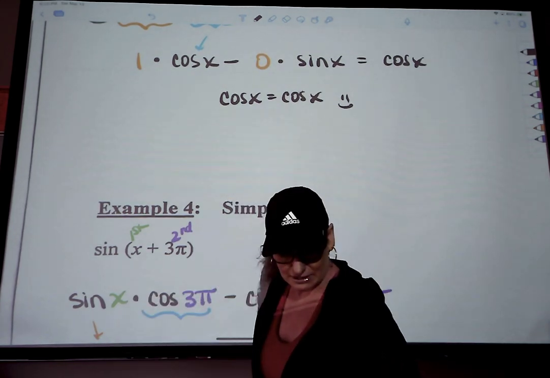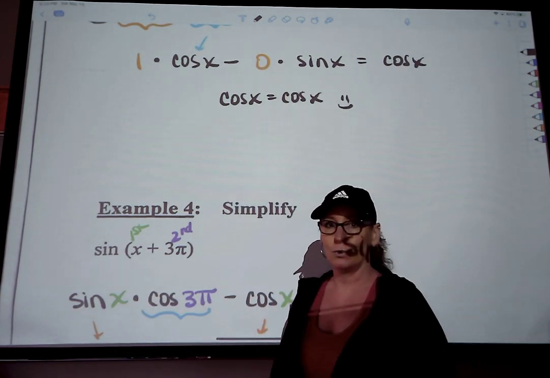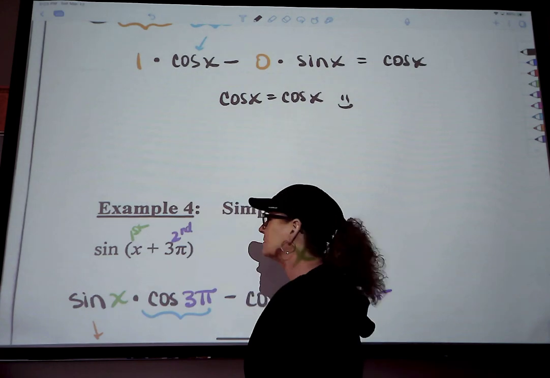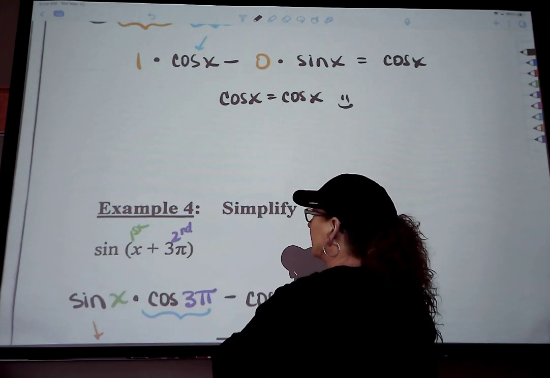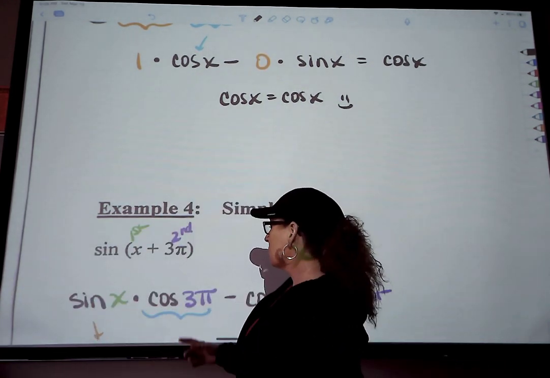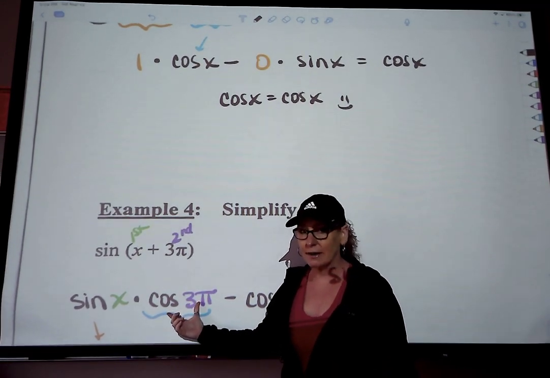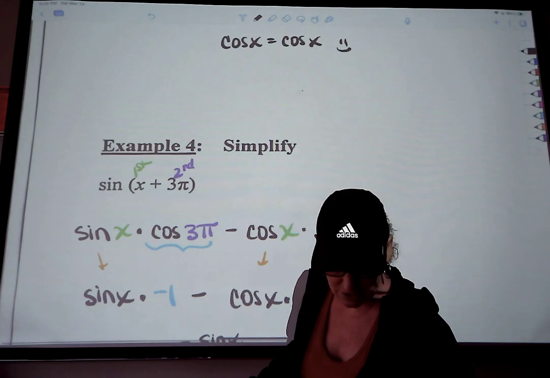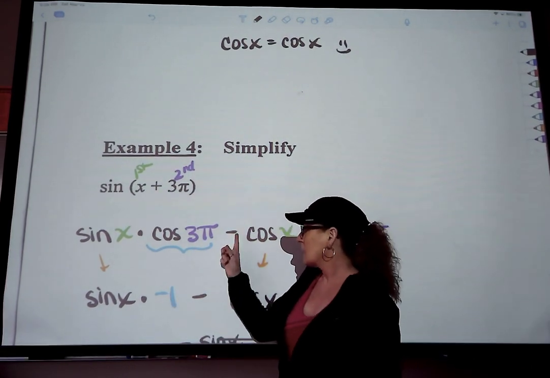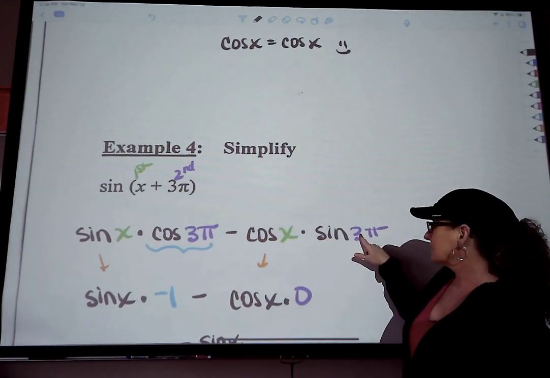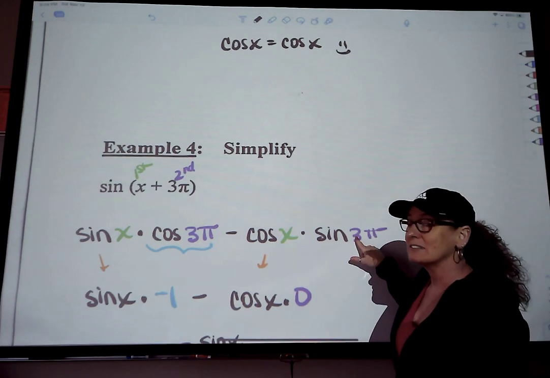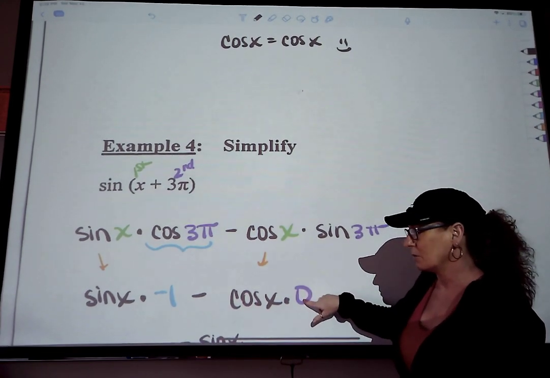Sine of x is just going to say sine of x. Cosine of 3 pi. 0, 1 pi, 2 pi, 3 pi. So cosine of 3 pi is the same as cosine of pi. So that's negative 1. Minus stays. Sine of 3 pi is the same as sine of pi, which is 0.